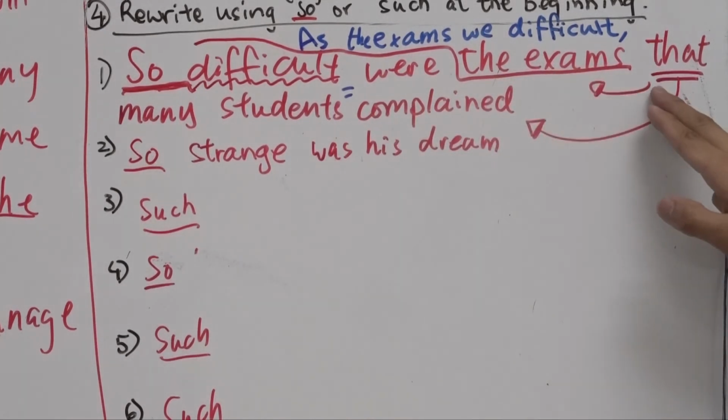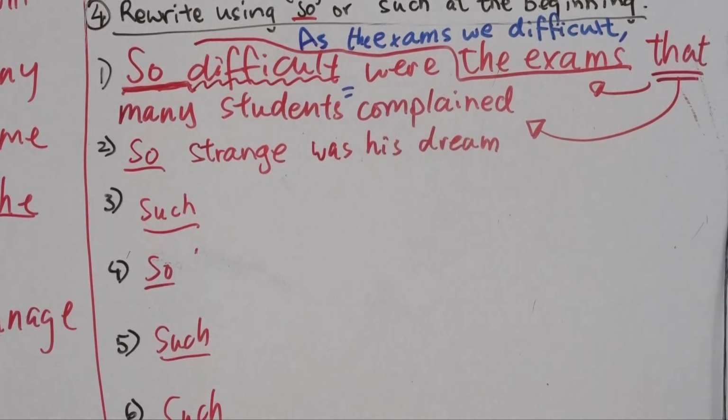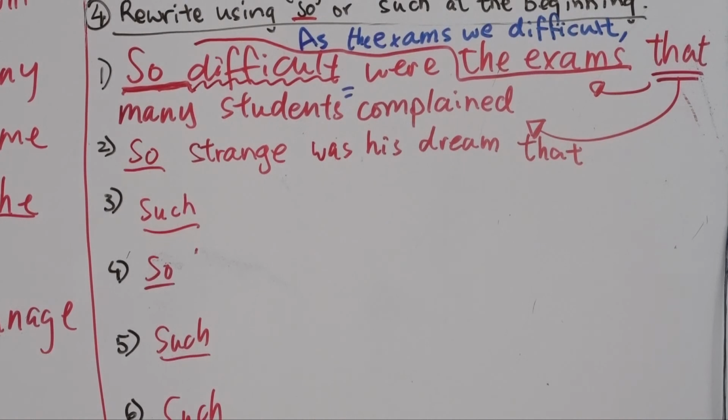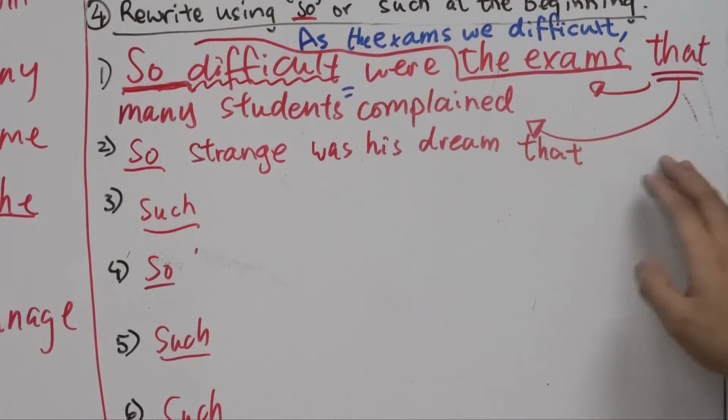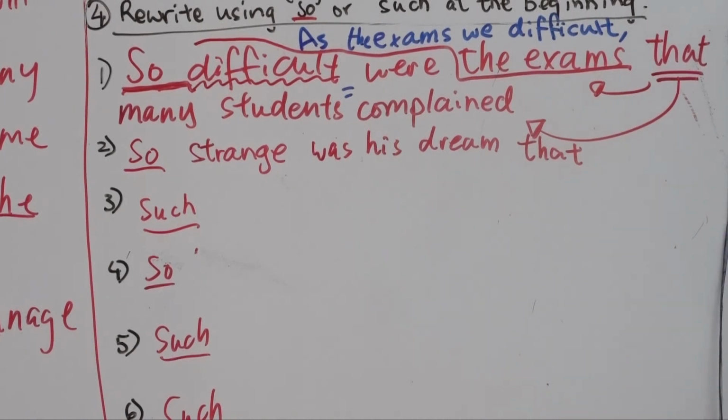Then we have the referent. We're going to talk about the next sentence, so we need the referent here as well. That. What is the main clause here? So strange was his dream that his physician wrote about it in the medical journal. His dream was so strange that his physician wrote about it in the medical journal. Similar, so I'll just write down the equal sign. Write down the same thing and then full stop.